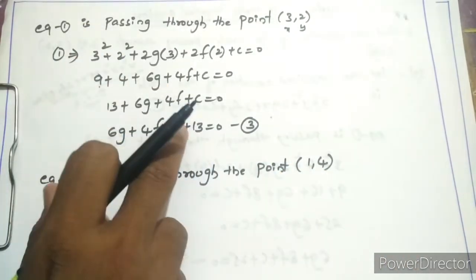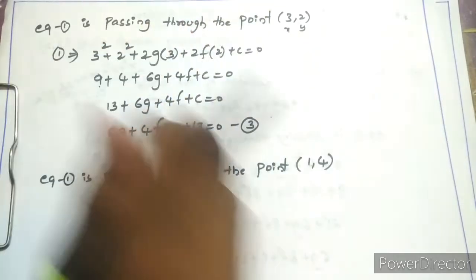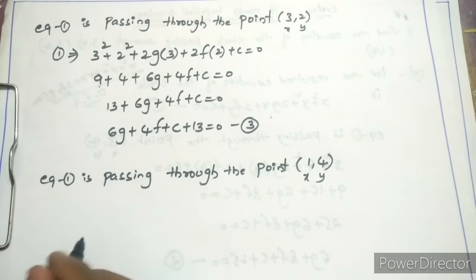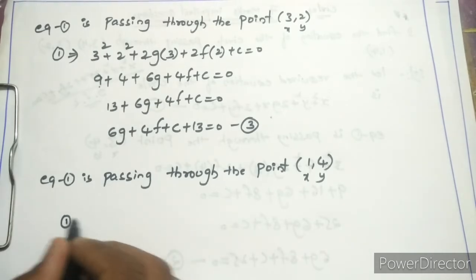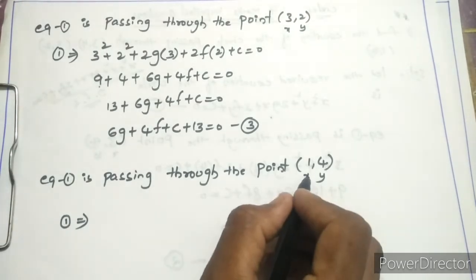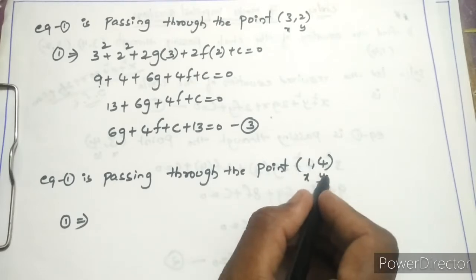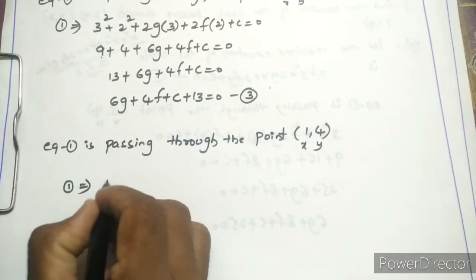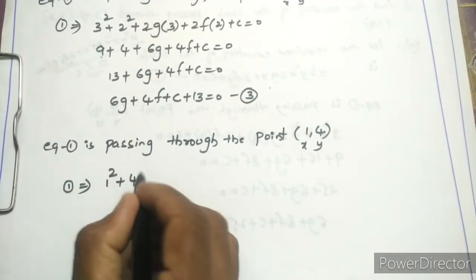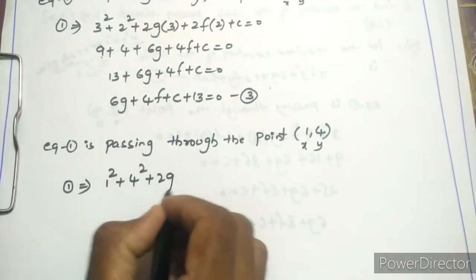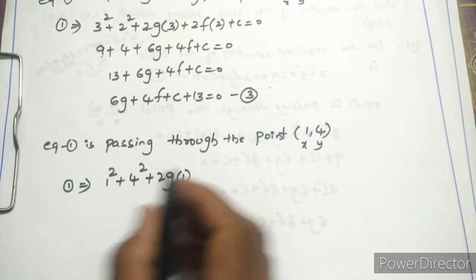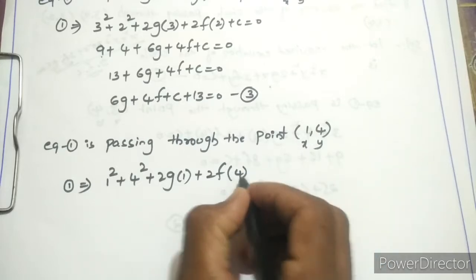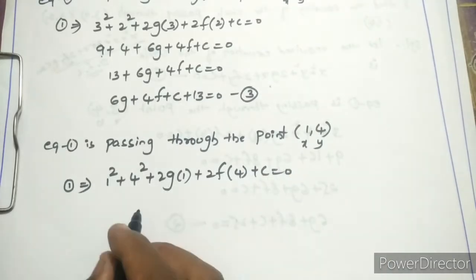In the same manner as we substituted the x, y values before, in place of x we are substituting 1, in place of y we are substituting 4. So this becomes 1 square plus 4 square plus 2g into 1 plus 2f into 4 plus c is equal to 0.